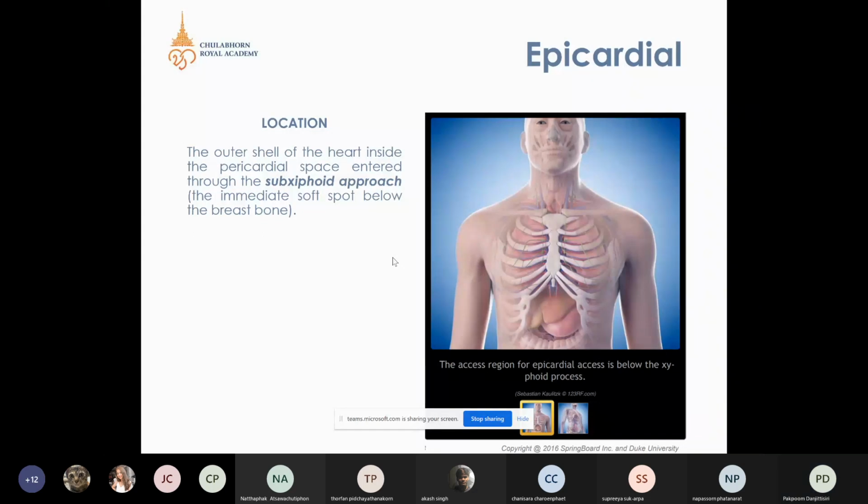The subxiphoid approach helps the doctor advance the catheter into the pericardial space if the doctor wants to map out abnormal arrhythmia that occurs on the epicardium, or the outer shell of the heart.